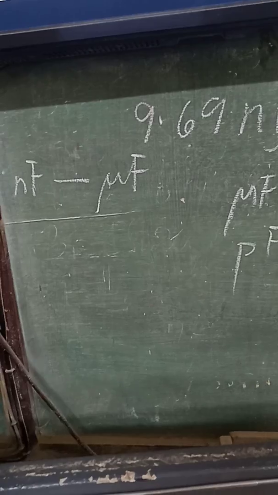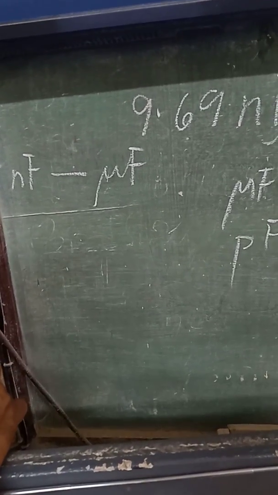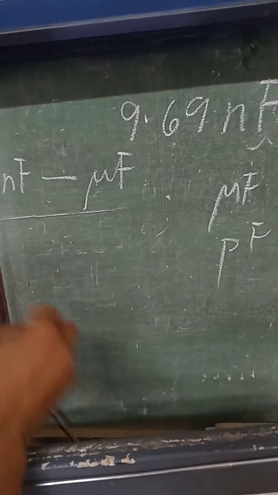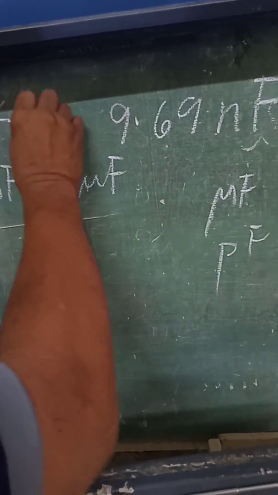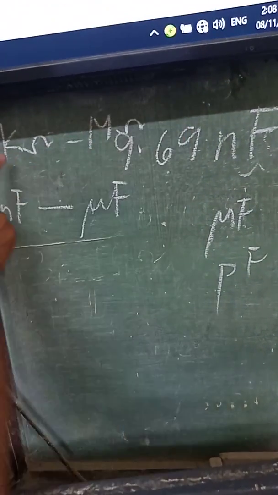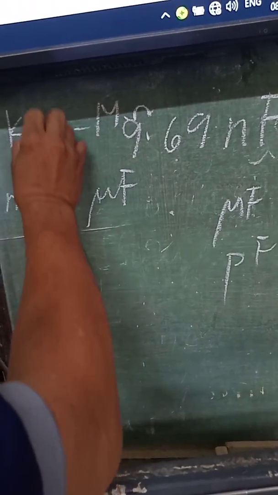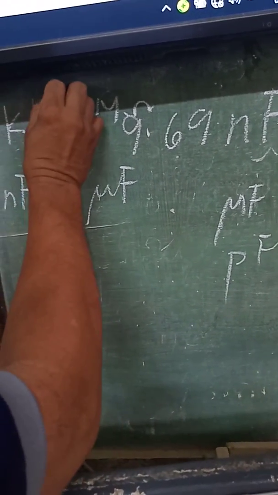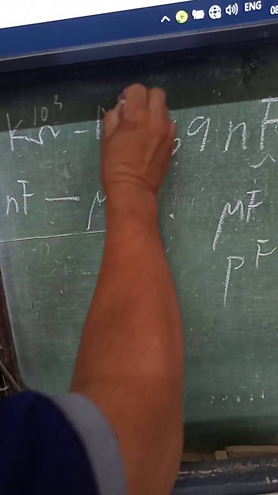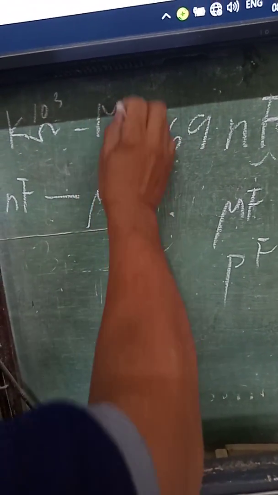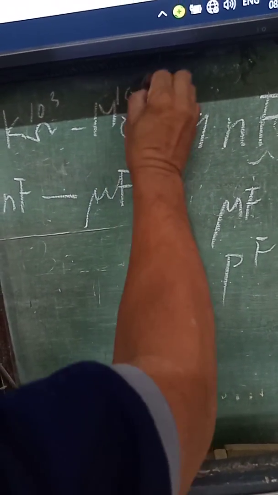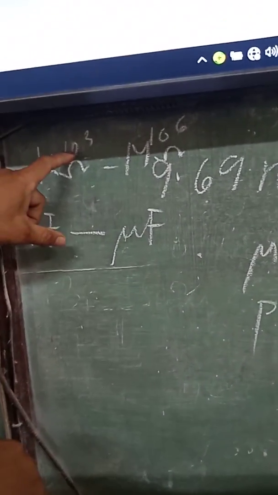So where should the decimal point be? Just like kilo ohms to mega ohms. Kilo is a smaller unit compared to mega, million, because kilo is 10 raised to the power of 3, whereas mega is 10 raised to the power of 6. So you are converting smaller to larger.